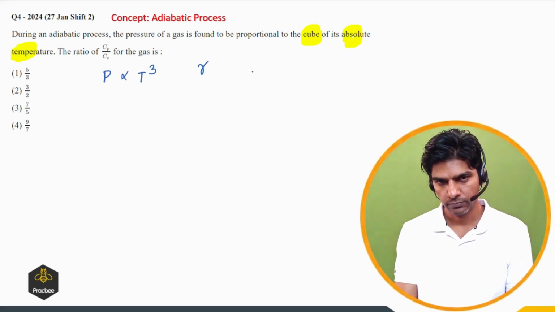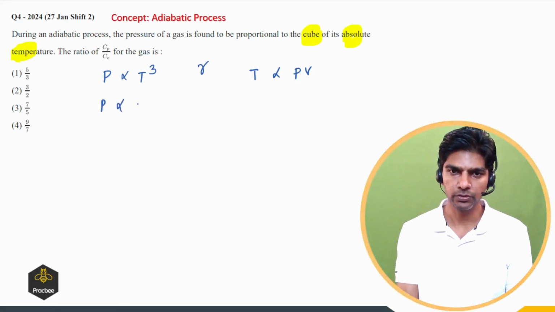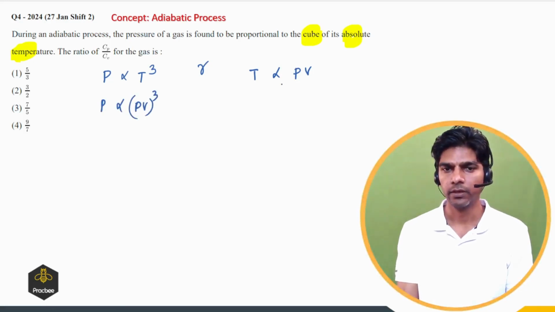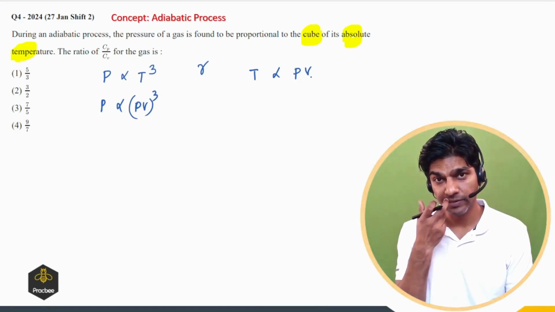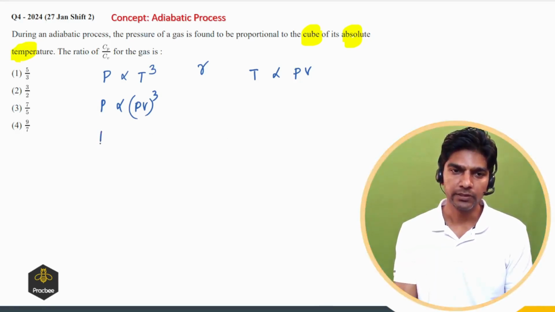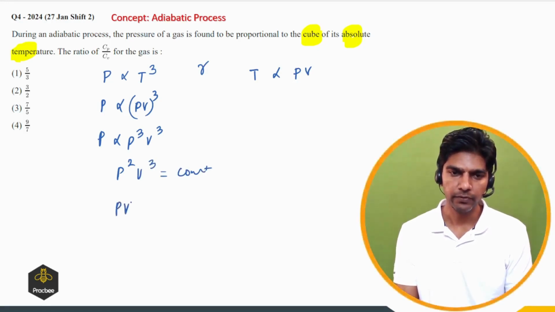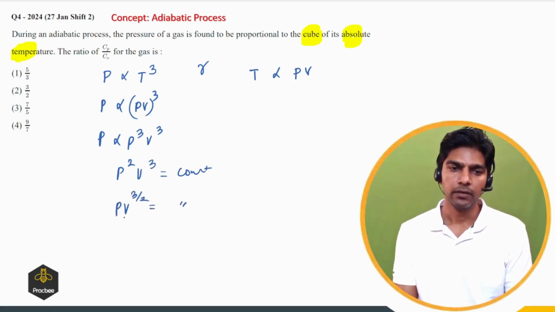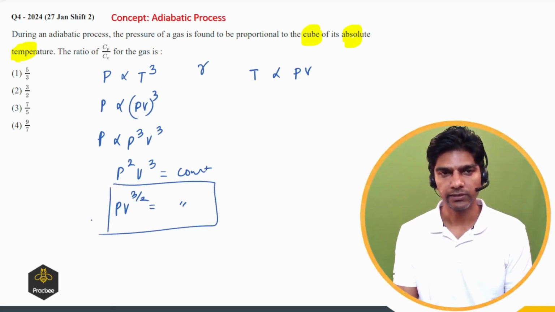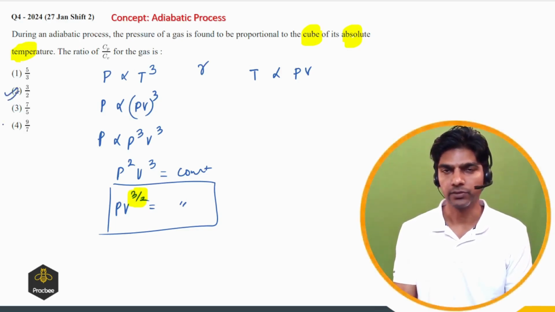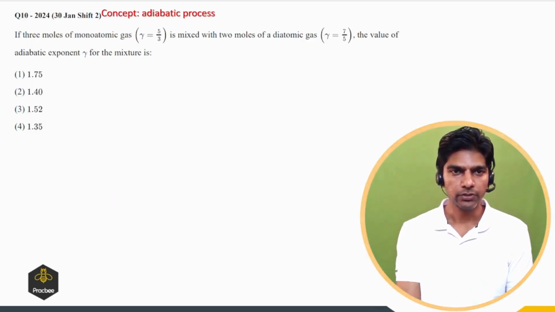T is proportional to PV for an ideal gas, so P is proportional to (PV) cubed, that is, P cubed V cubed. So P squared V cubed must be constant, and from this PV raised to power 3 by 2 must be constant. Now from this relation the gamma value is given by the power of V. So 3 by 2 is the answer to this question. Right, so let us see the next question.